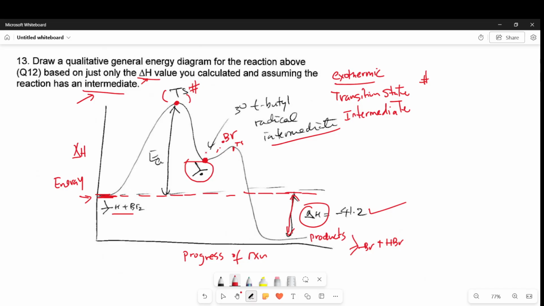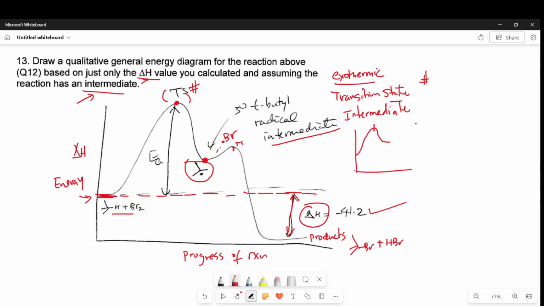But if you were to draw, for example, an endothermic reaction which doesn't have an intermediate, you would have something like this. No intermediate, just transition state.